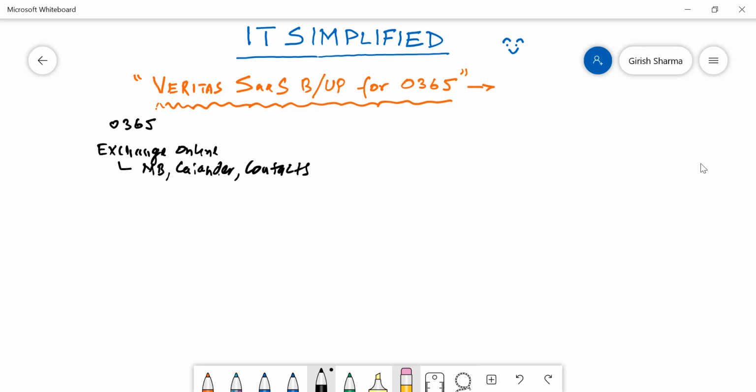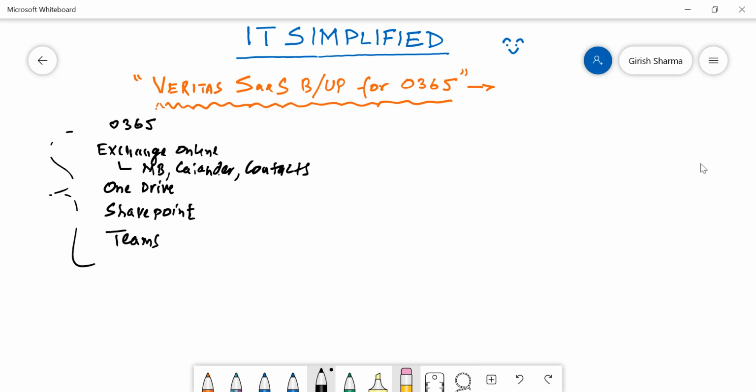Then they also have OneDrive for storing data. Then they have collaborative sites such as SharePoint, Teams. All these are part of Office 365 services.